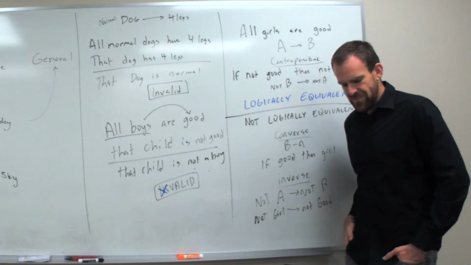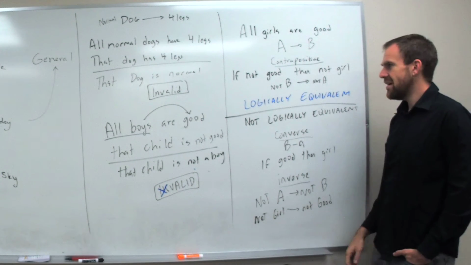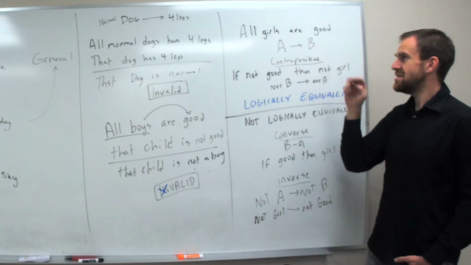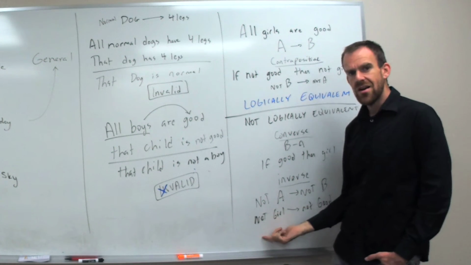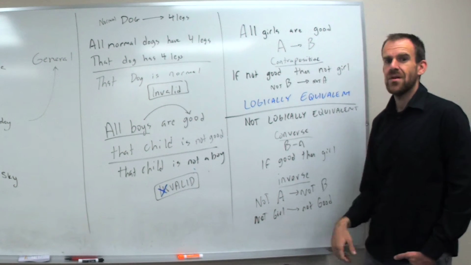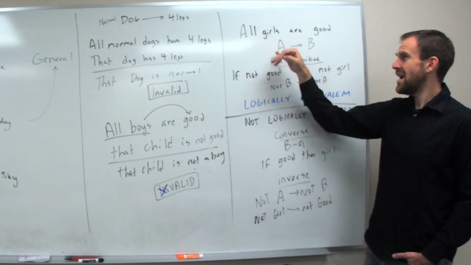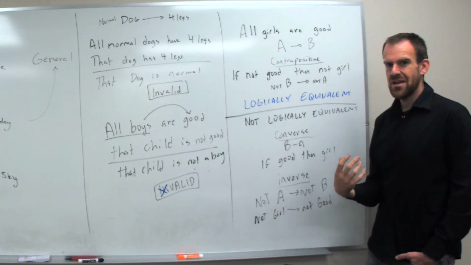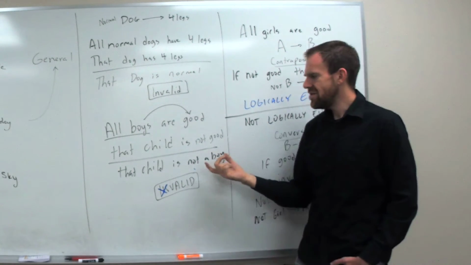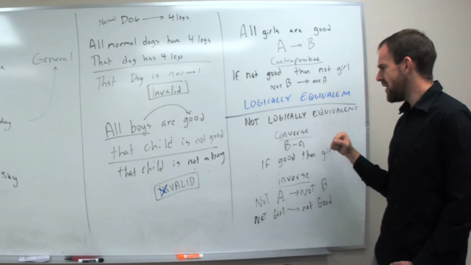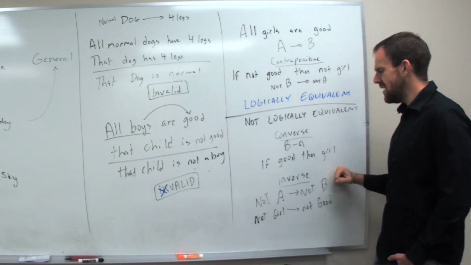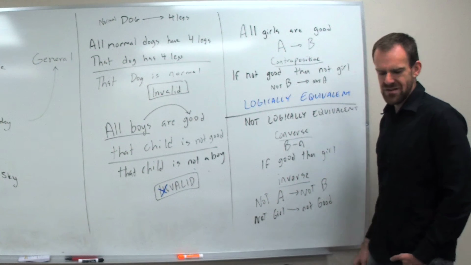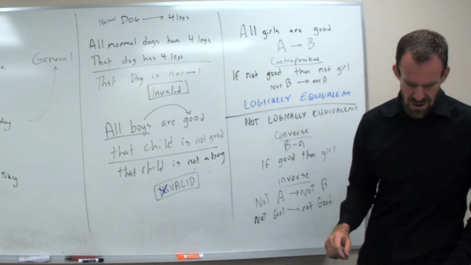It didn't make it in. So that's how we would write the inverse. Not A implies not B. So if you're not a girl, then you're not good. This is not the same as that. It's not saying the same thing, so we have to watch out for that in your conclusions to make sure you are not including the converse or the inverse as valid arguments. And that is problem set 7.